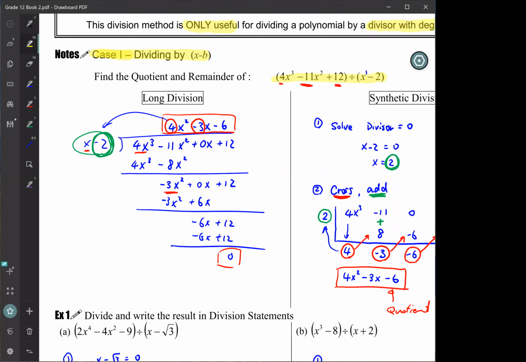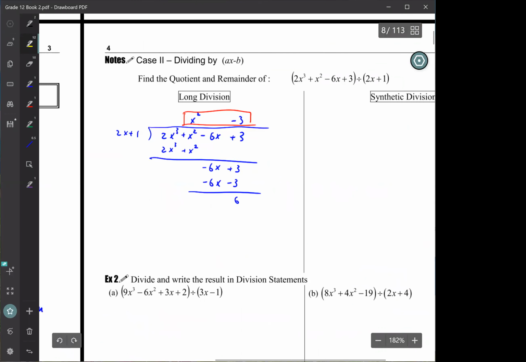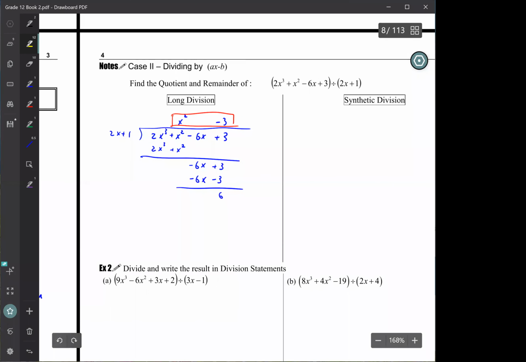Let's see the next page, case 2. It's dividing by ax minus b, so you have a coefficient in front of x other than 1. In this case, it's 2x plus 1, so there's a 2.